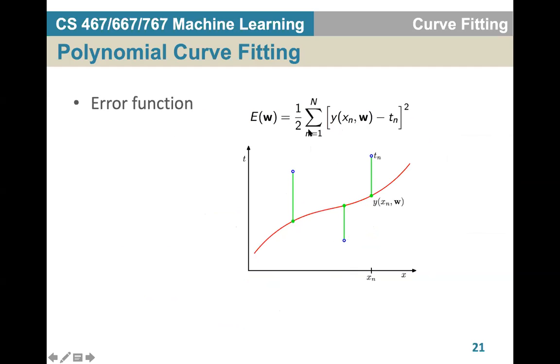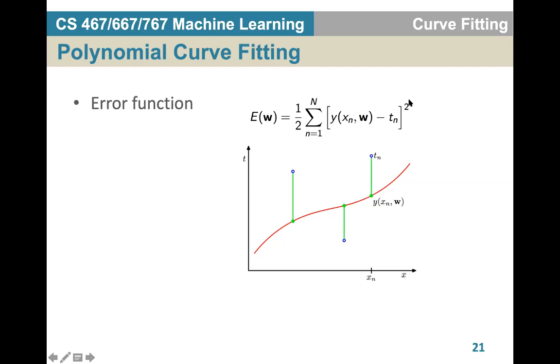We have maybe x1, t1, x2, t2, x3, t3, three points, and we want to add all their errors up. This is this point's error, this is this point's error, and this is this point's error. We want to make all the errors small on all the data we see. If we make one correct but the other two have big errors, then we are not learning a good model, because it's not working well on all our data. So this is a summation.